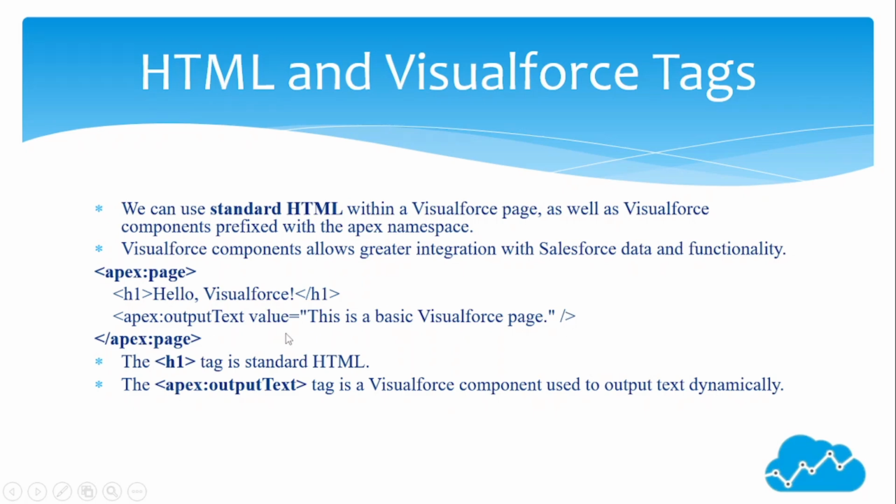Like this, we close the tag by putting the slash at the end, and finally we close apex:page. The H1 tag is standard HTML. The apex:outputText tag is a Visualforce component used to output text dynamically.